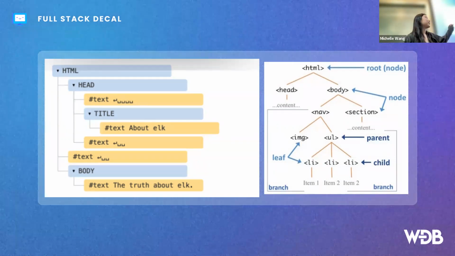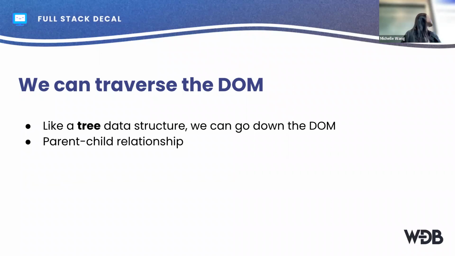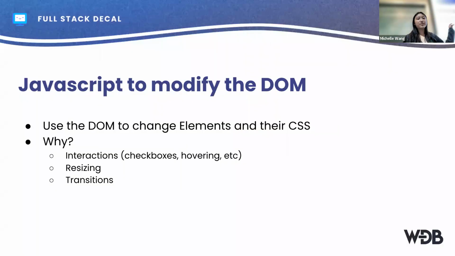There's not one set way to define or show this, but the general structure is a tree data structure. And we can traverse this just like a tree data structure. We go down the DOM in a parent-child relationship.